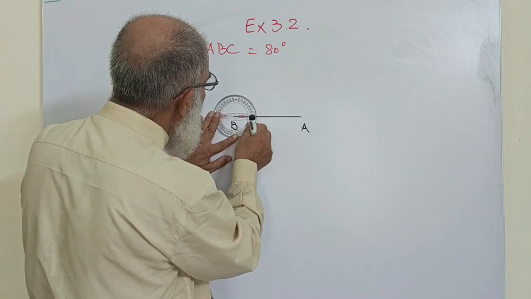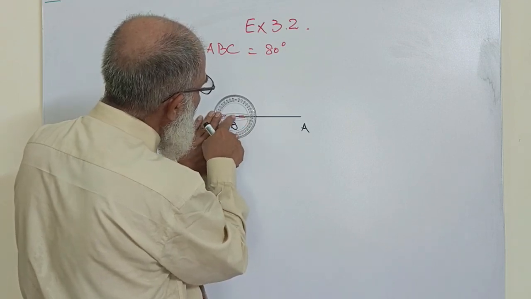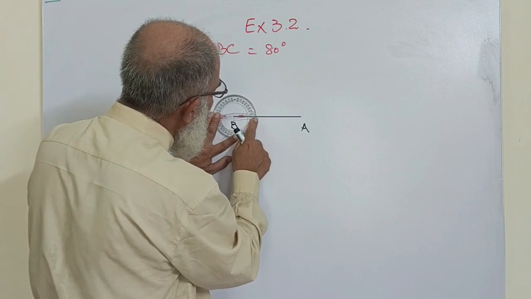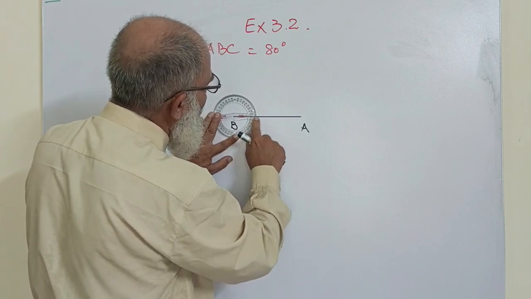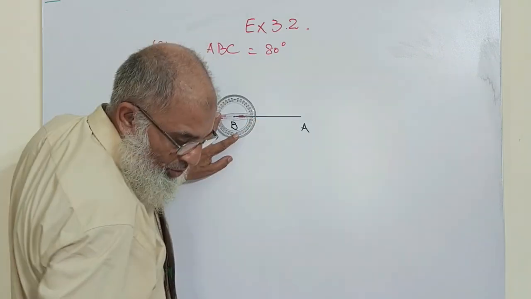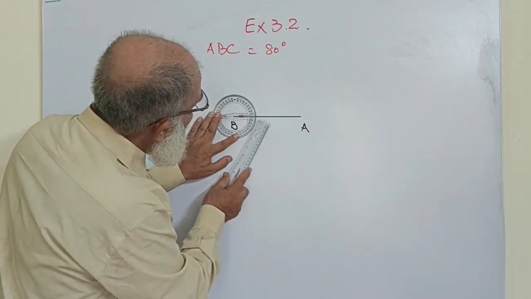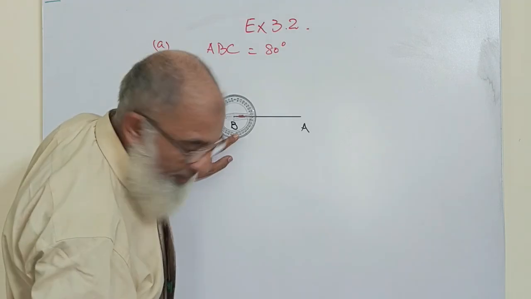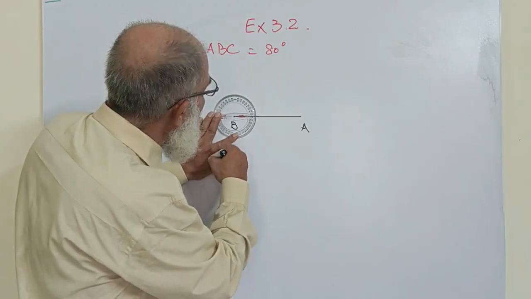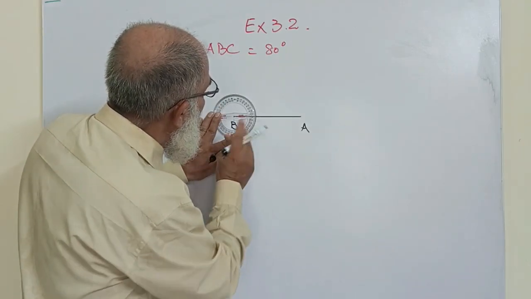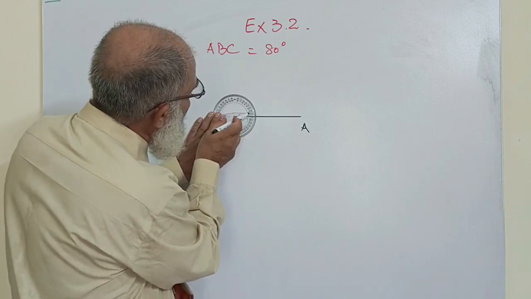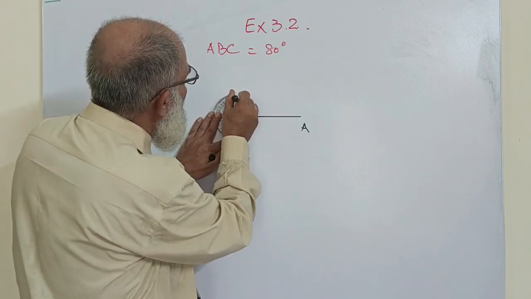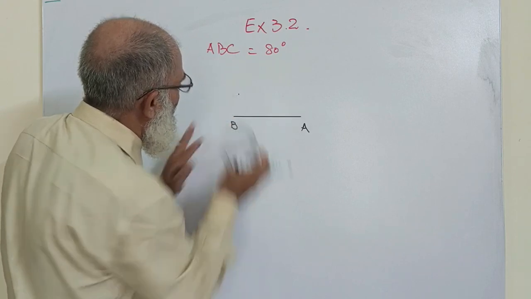Now you see that my center point is at point B, and my zero is coinciding with this line over here. We'll read 80 degrees from the inner scale, this is the lower scale, and we'll just put a mark over here.